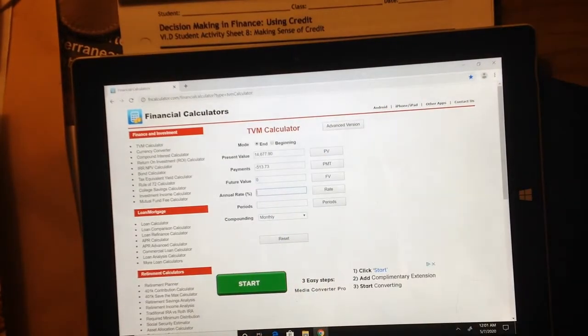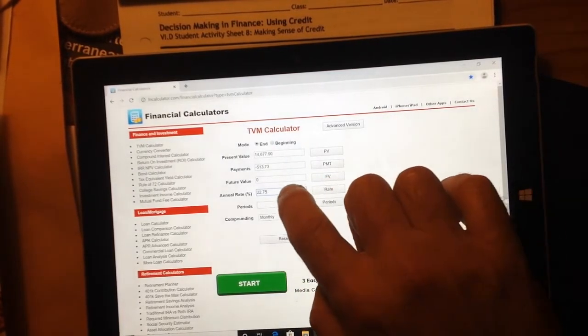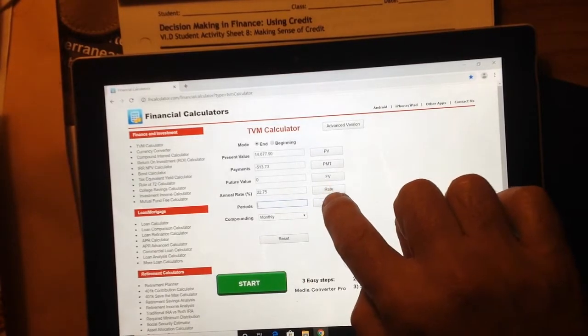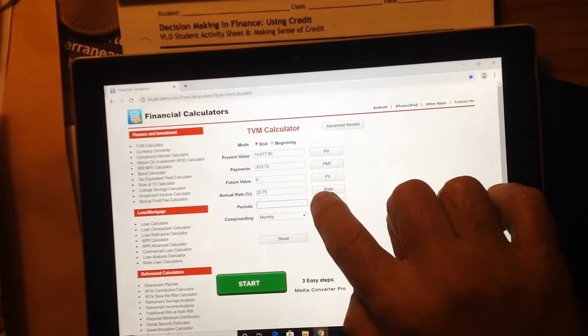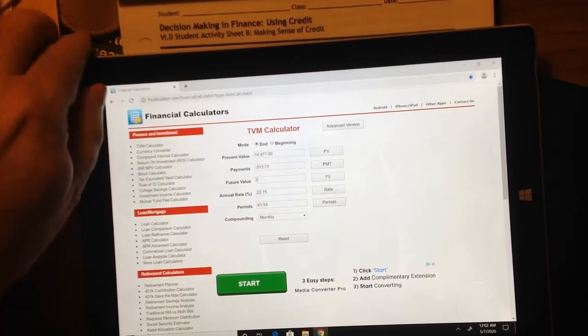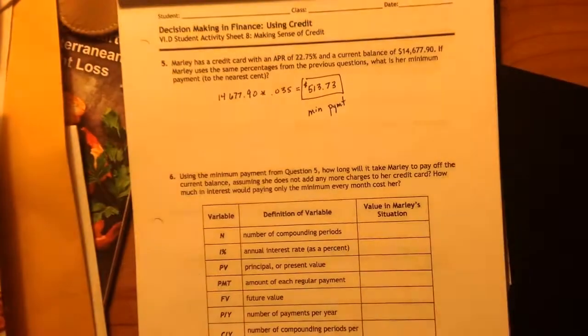Her annual rate is 22.75. She is paying monthly. And so the question is, how many periods is it going to take? So this is actually going to tell us how many months. So when I push that, I get 41.54. So basically 42 months. It's going to take 42 months.